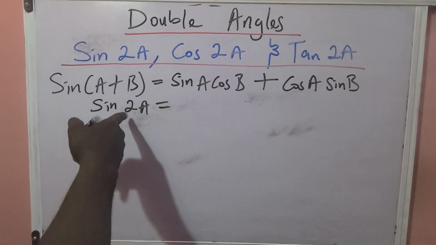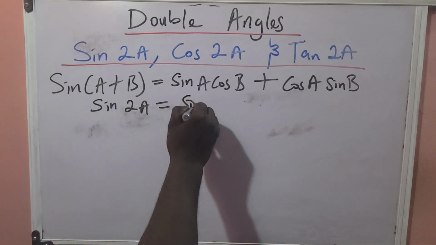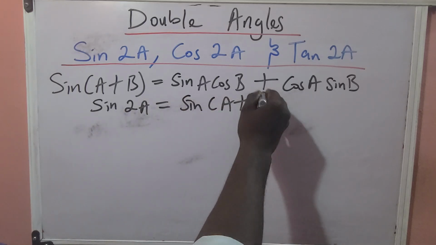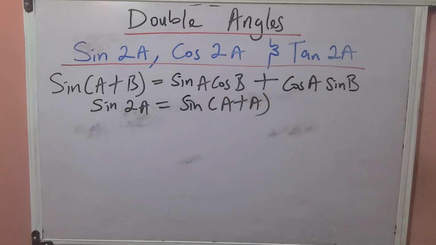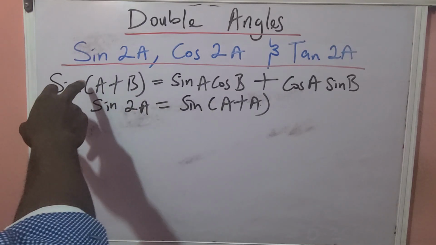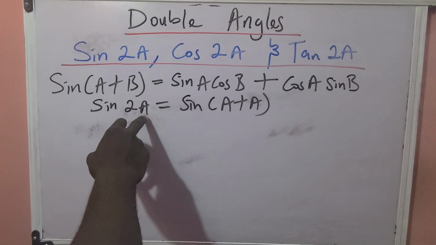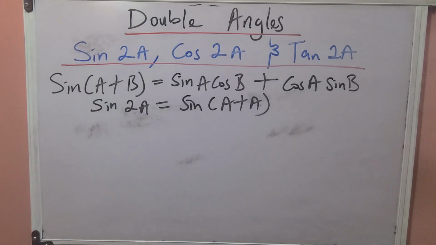I won't be wrong if I write sine 2A as sine A plus A, because A plus A obviously will be 2A. So from my compound angle, I can find my double angle right from the identity of our compound angle. So what do I have to do next?